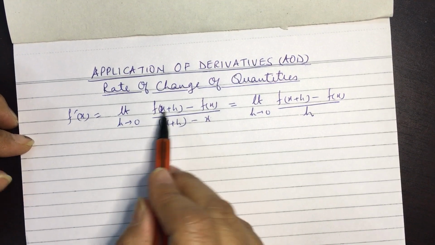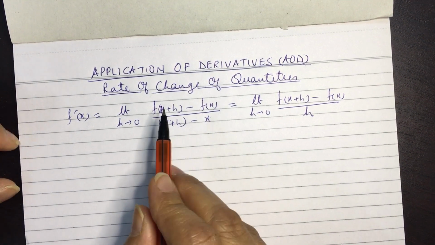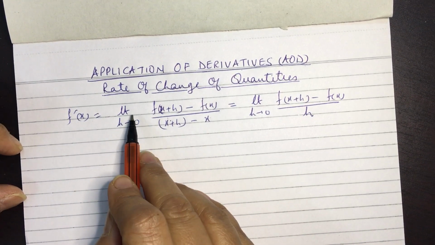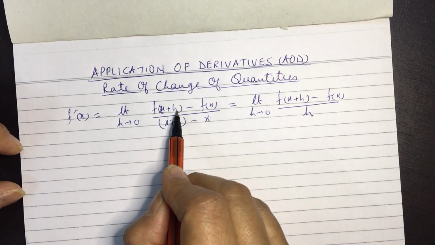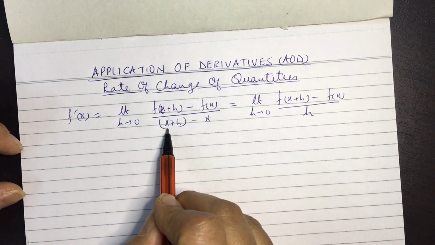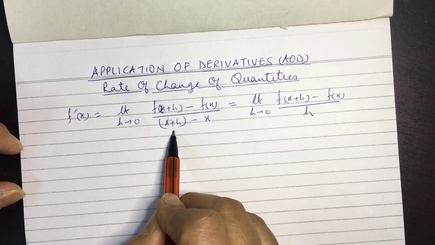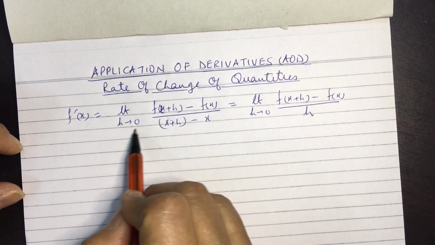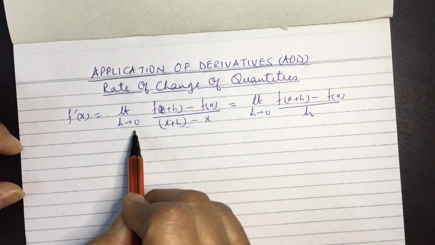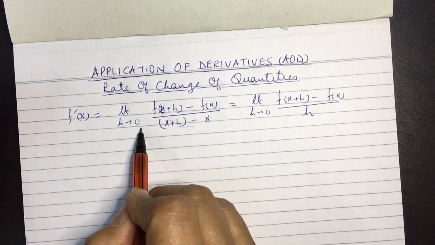As you can clearly see here, and we have discussed earlier also, the derivative is nothing but the change in one variable with respect to the change in the other one, in the limiting case as the change in the independent variable tends to 0.